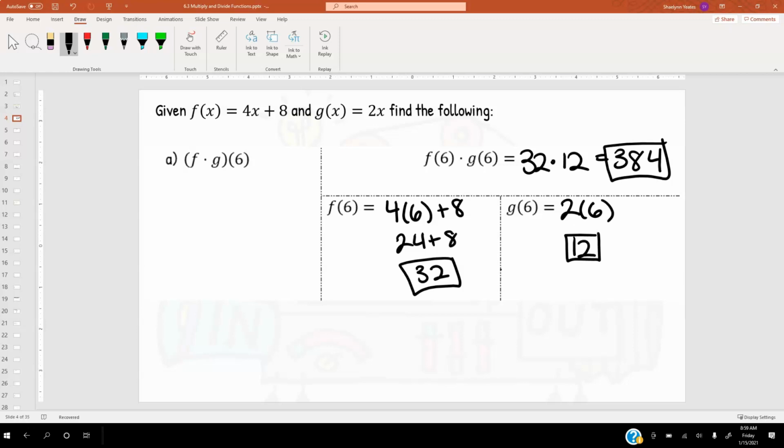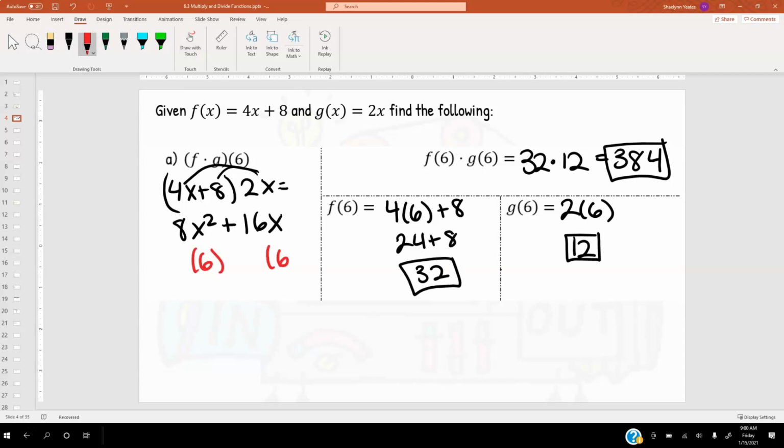We can do it the other way too. We can take 4x plus 8 times 2x and distribute our 2x through, and we get 8x squared plus 2 times 8 is 16x. Now if we wanted to find f times g of 6, we're going to replace all these x's with 6's.